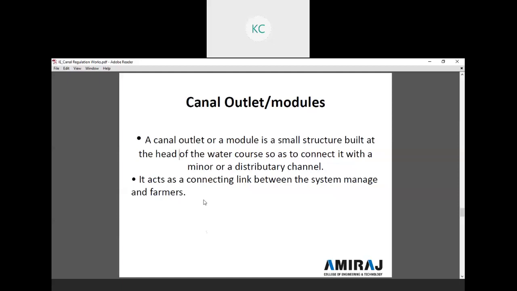So the canal outlet is nothing but a structure built when the off-taking canal ends and the field or the water courses start, at that particular point. So water is discharged from the reservoir to the main canal, to the off-taking canal, and to the water course or the field. It acts as a connecting link between the system managers and the farmers.